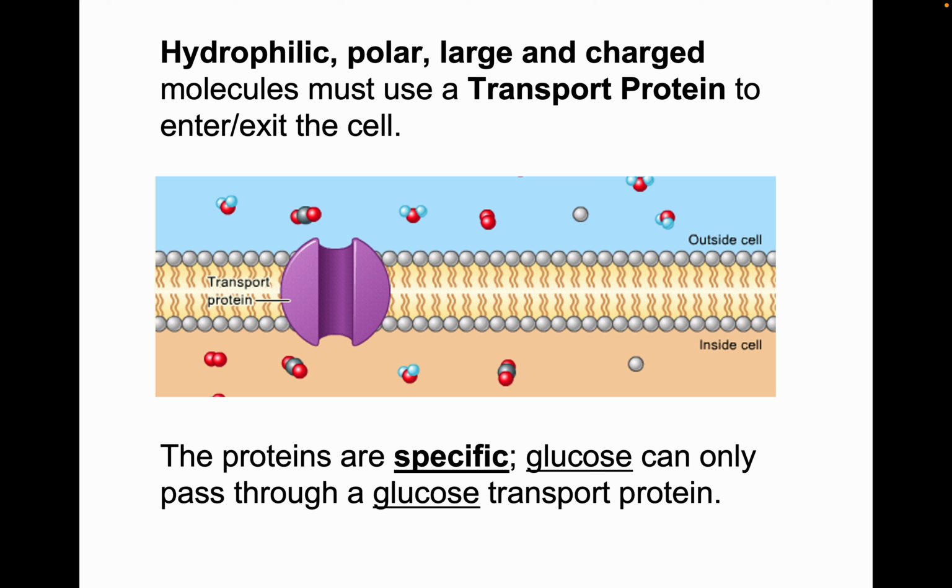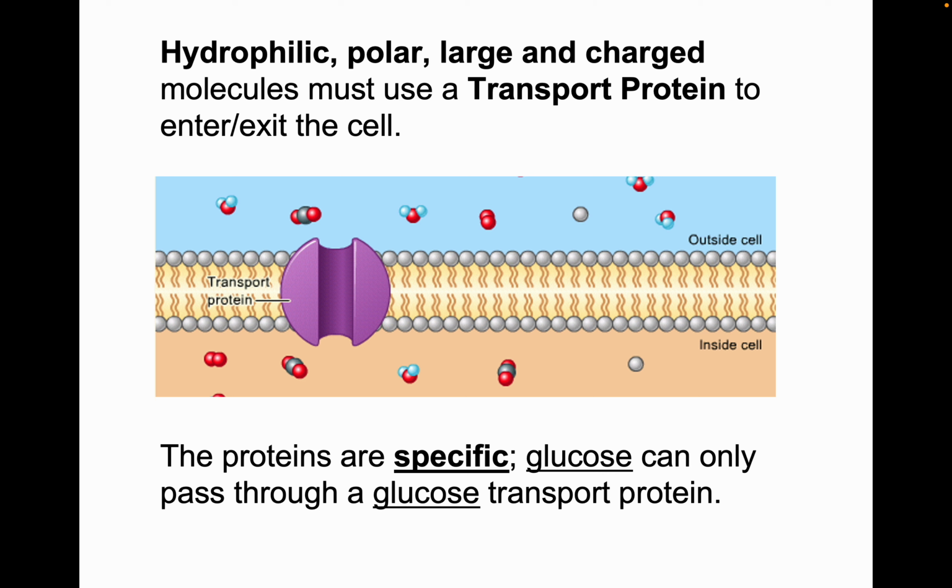So, let us have an example. An example of a transport protein exclusive for glucose molecules. They are like loyal.